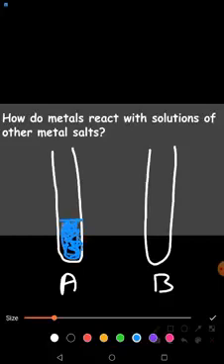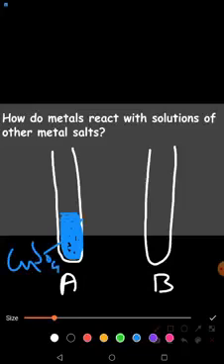Copper sulfate is blue in color, so I am using that color here just to make you understand. In test tube B we are taking ferrous sulfate solution, which is light green in color.